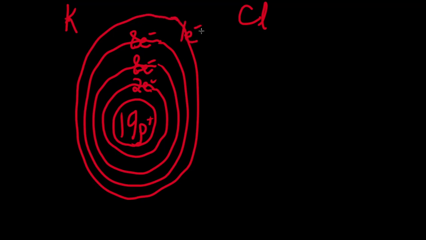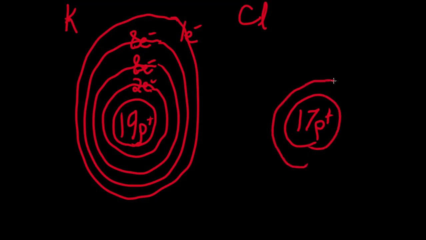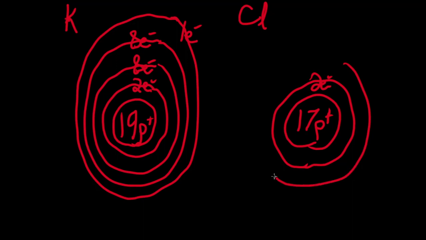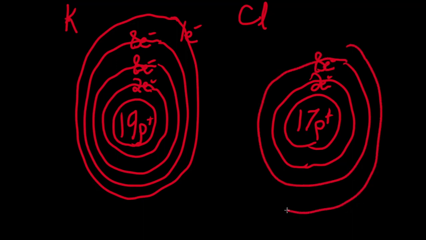Okay, and since chlorine is in group 7, it's going to have 7 valence electrons. So chlorine has 17 protons, and in that first shell I'm going to have 2 electrons, 8 electrons in the next one.